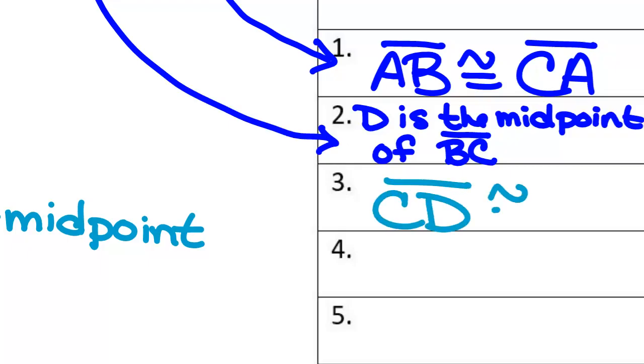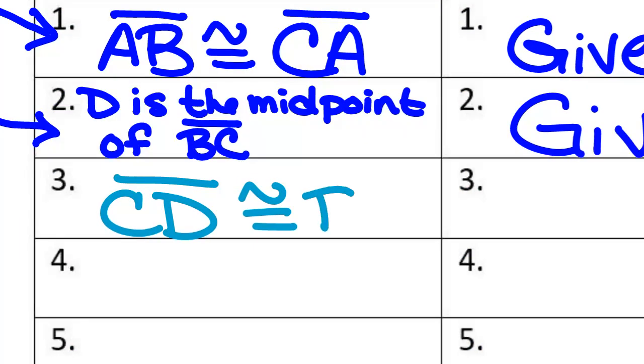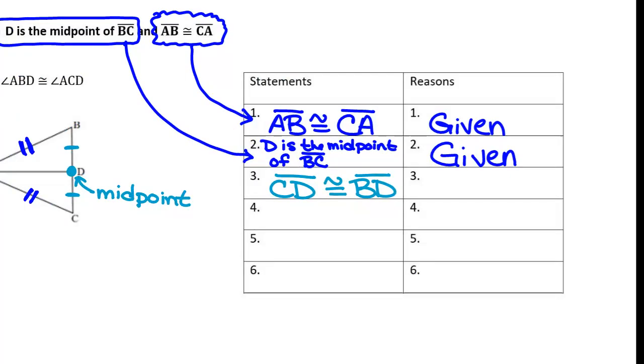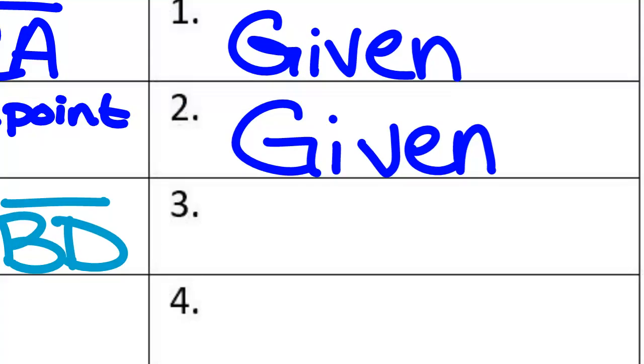CD is congruent to BD. Why? What'd you say? That's the thing. How did we know that CD and BD were going to be the same? Definition of midpoint, absolutely correct.